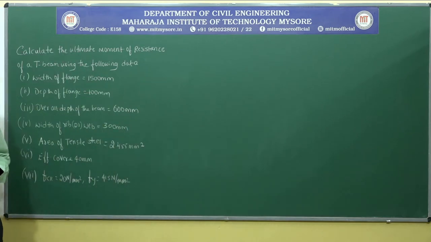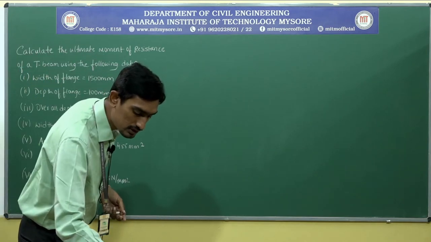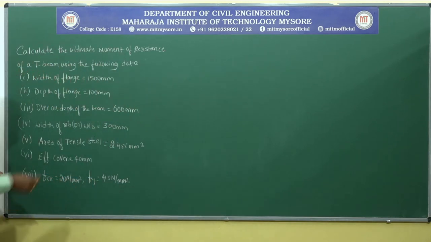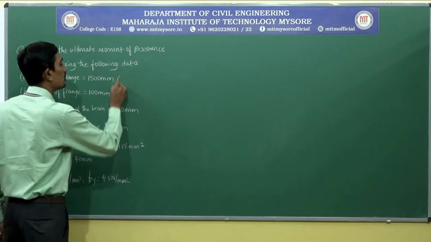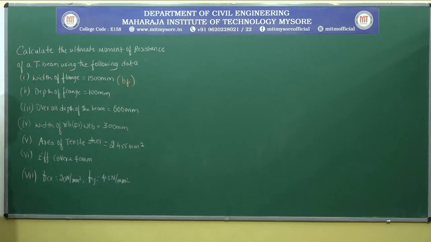So now let us write down the things. We are going to nomenclature certain things because they have been described as width. Let me nomenclature this as BF, that is width of a flange.